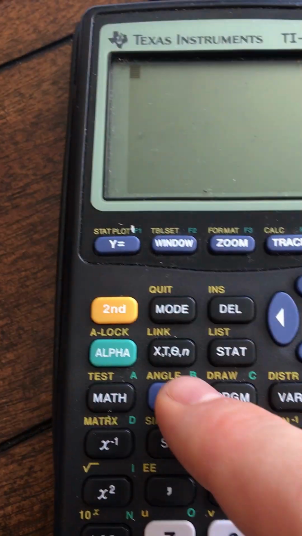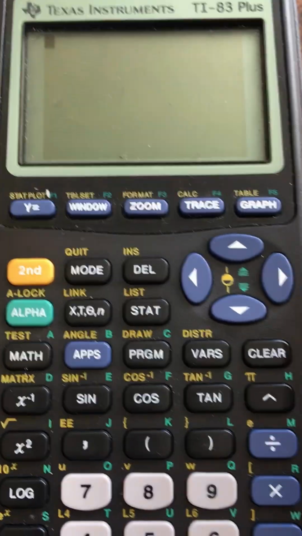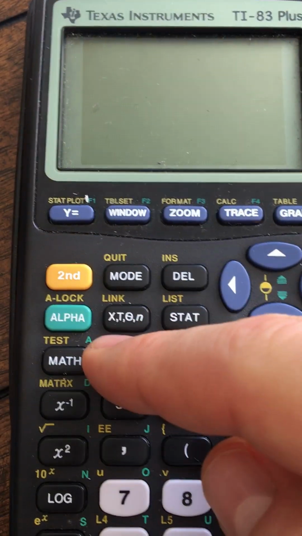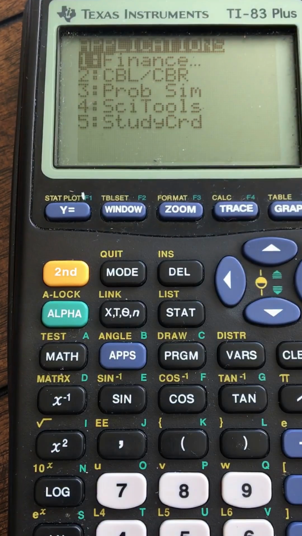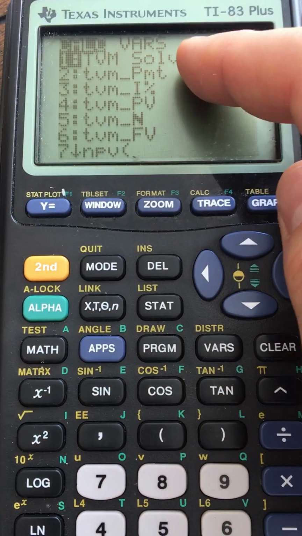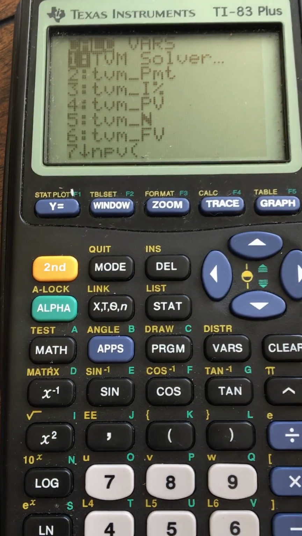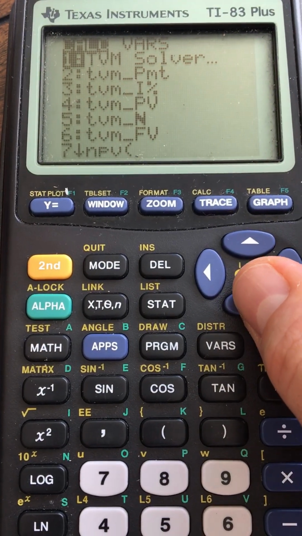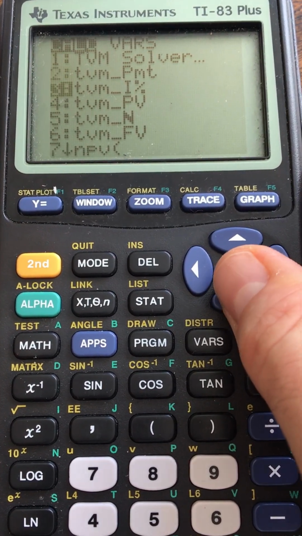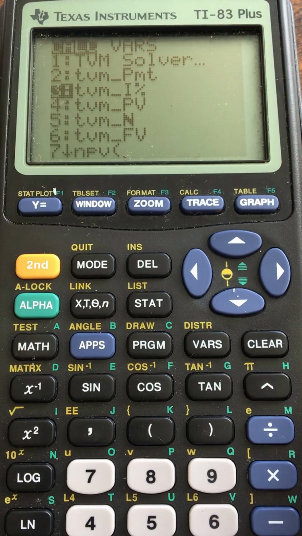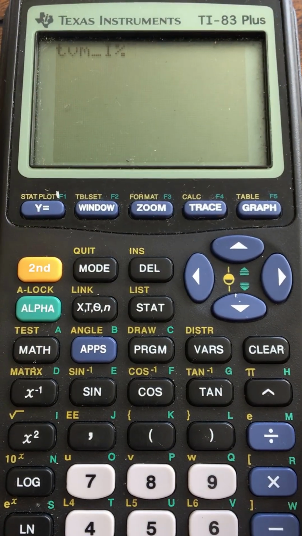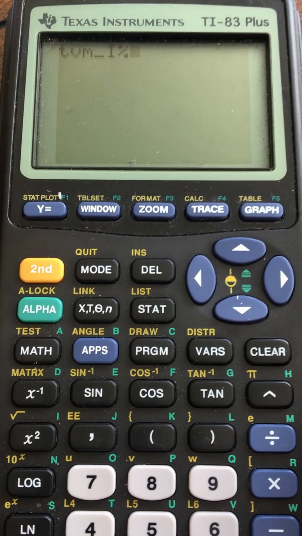Another thing you can do from here is, let's say I prefer to have this clean screen. I can go into the Apps, Finance, and assuming that I've put all of my things into the time value of money solver, and I know the value or the part of the equation I'm looking for, let's say it was interest rate, I can select it and it will put the value that I'm searching for onto the home screen of the calculator.